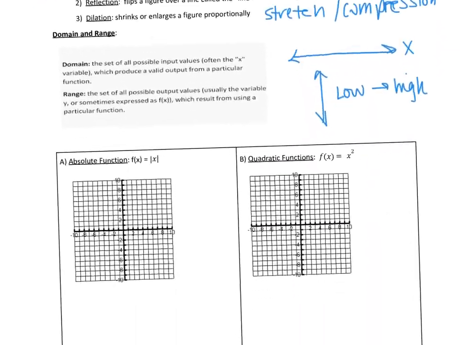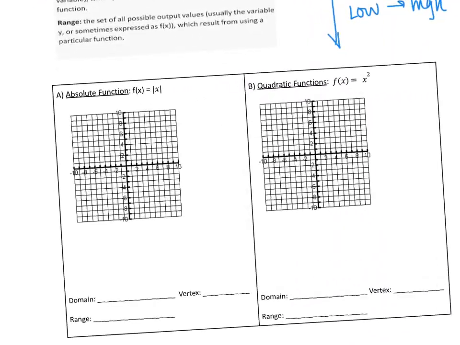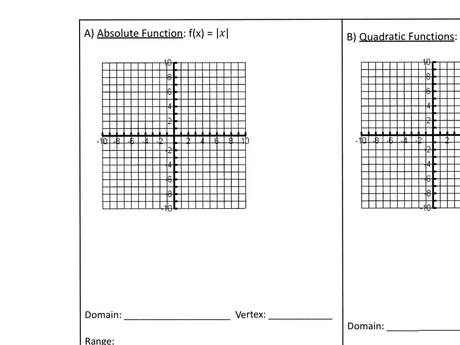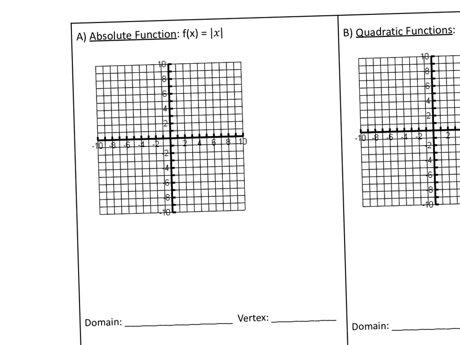So move this up, and we're going to look at absolute value. I'll zoom in on it. And quadratics. So, absolute value function, if we were in class, I would ask, what does this graph look like? Well, if you notice, there's two bars, so the graph is actually going to be a V. So what we're going to do is figure out our vertex, or our starting point.